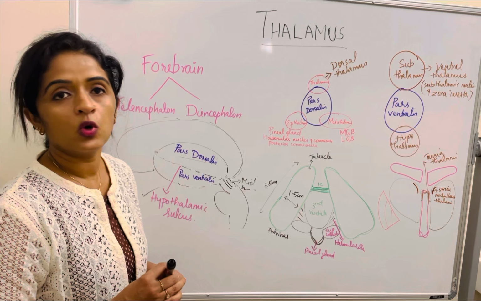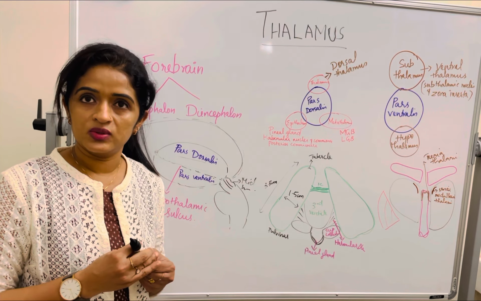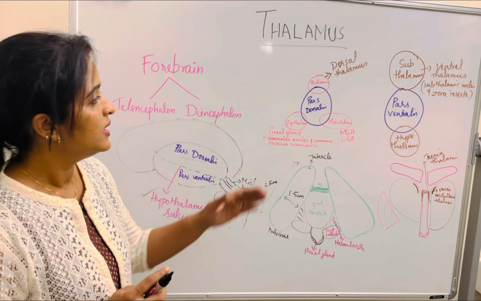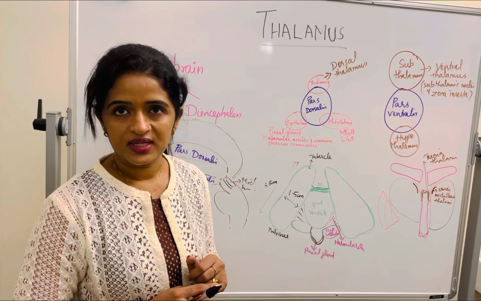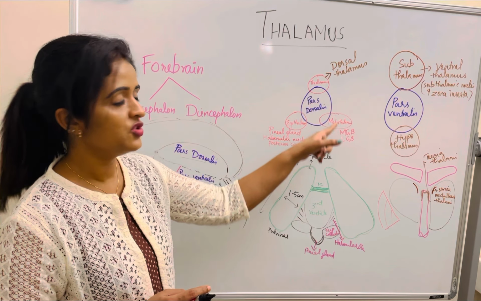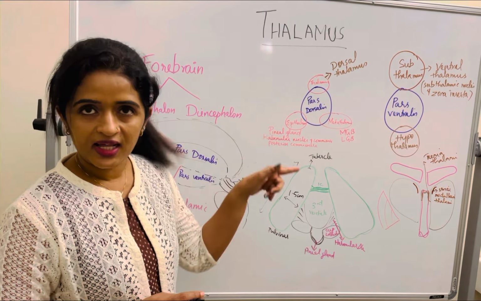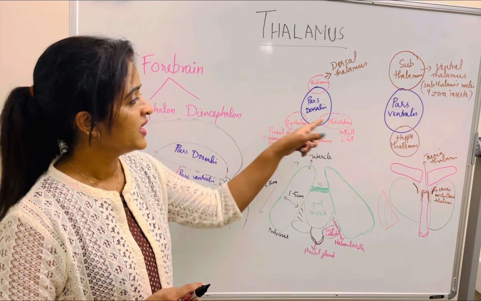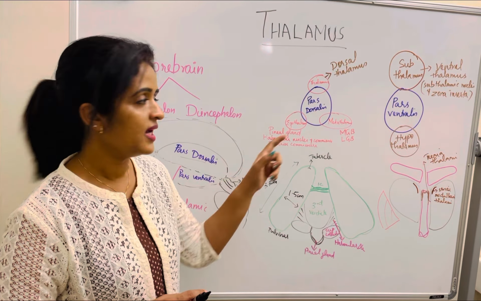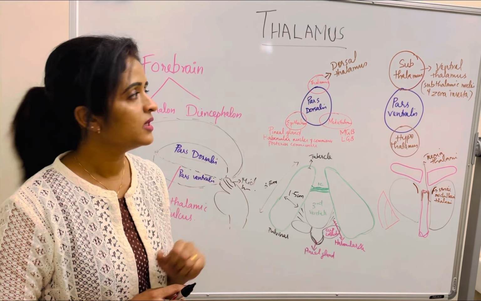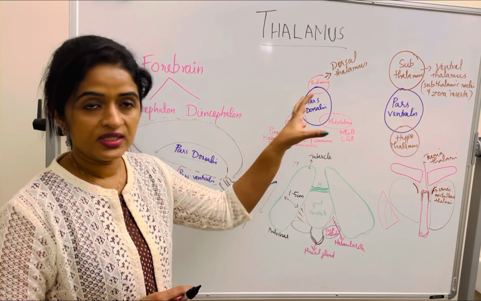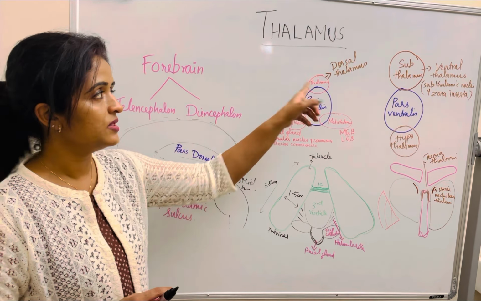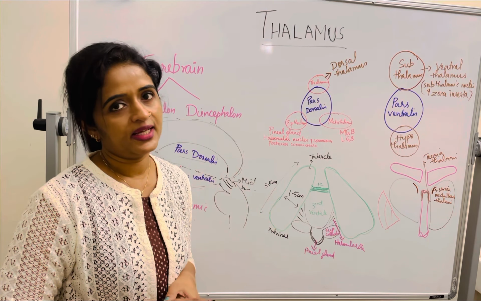Now let's see what are the components of pars dorsalis and pars ventralis. Suppose you take pars dorsalis first. It has got three components. One is the thalamus which we are going to deal with. Then you have the metathalamus, and then you have the epithalamus. So thalamus which is derived from the pars dorsalis is otherwise known as dorsal thalamus.